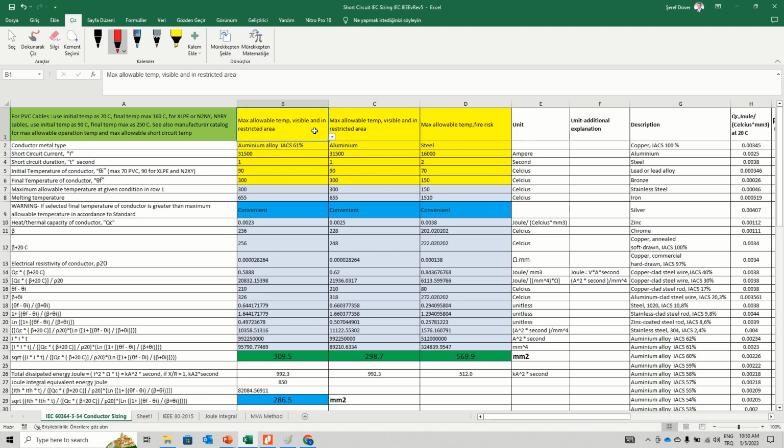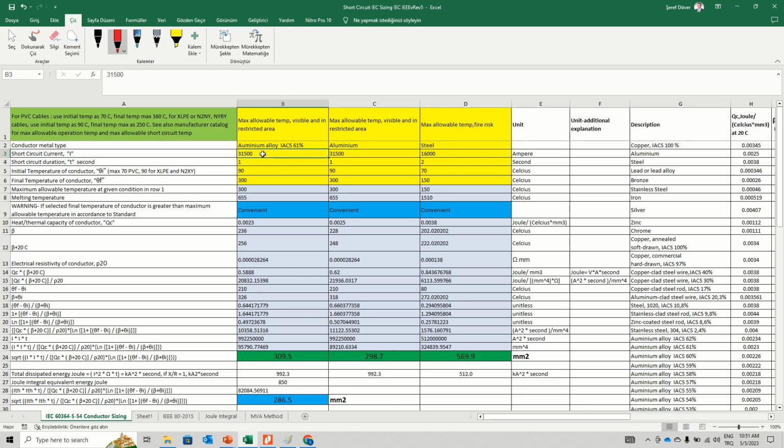Both of them are the same. Since I am using a rail conductor, as you see there are so many options here. I will try to find aluminum alloy with 61% IACS. So this is not pure aluminum, as you see.